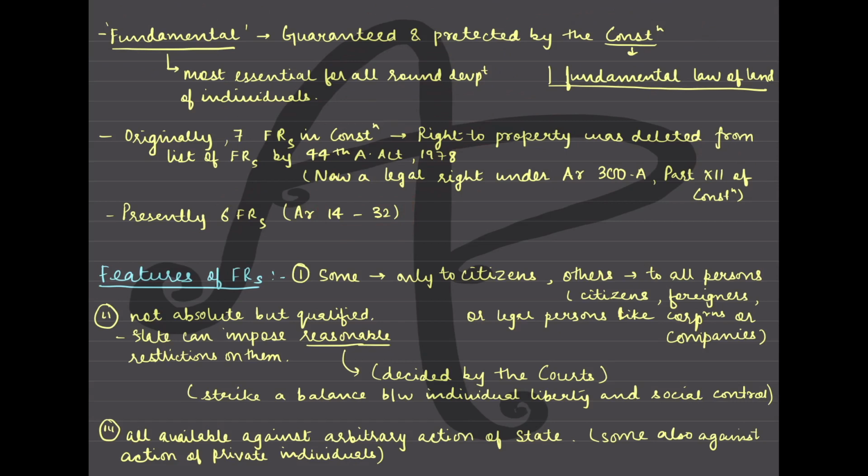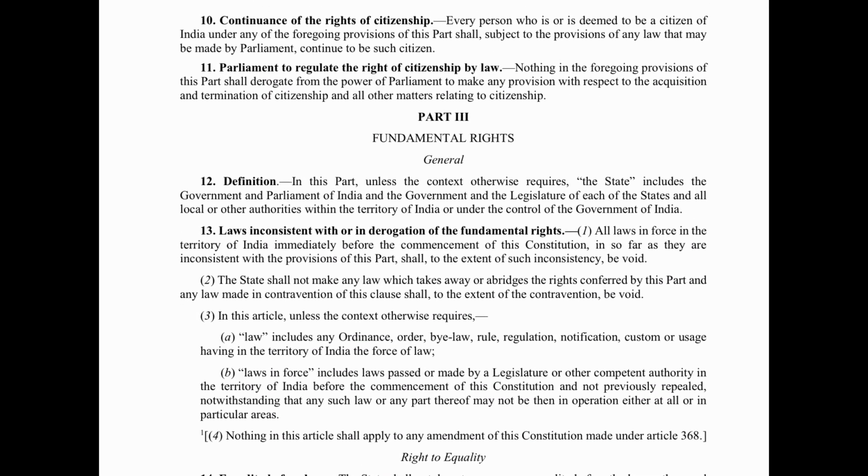Now see, अभी आपको बताया एक चीज़, that फंडामेंटल राइट्स का जो पूरा Part 3 है, ठीक है, Part 3 is covering the articles from 12 to 35. As you must have seen here, it starts from 12 and ends till 35.